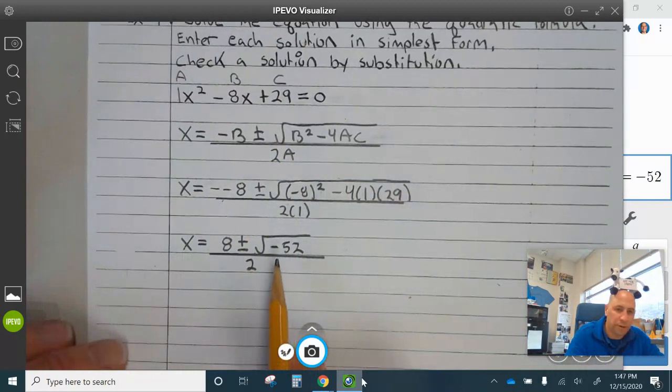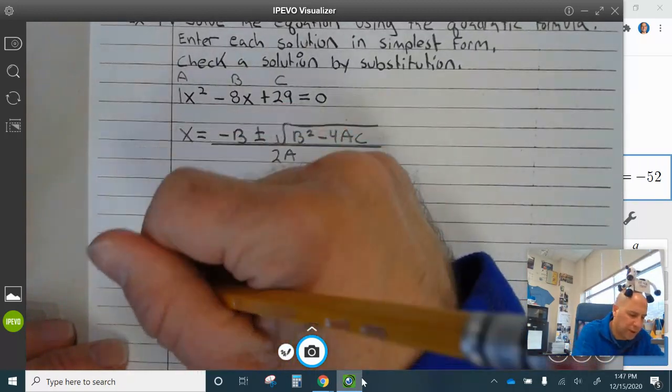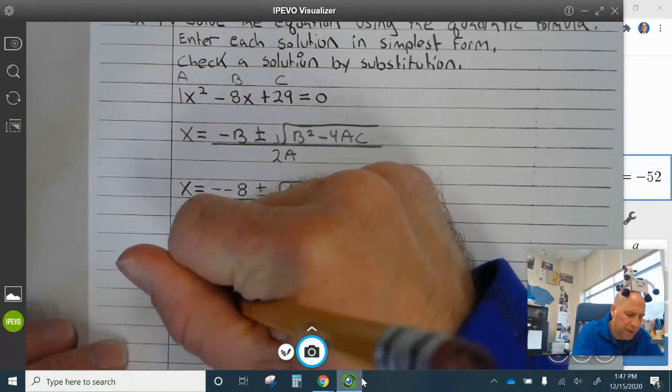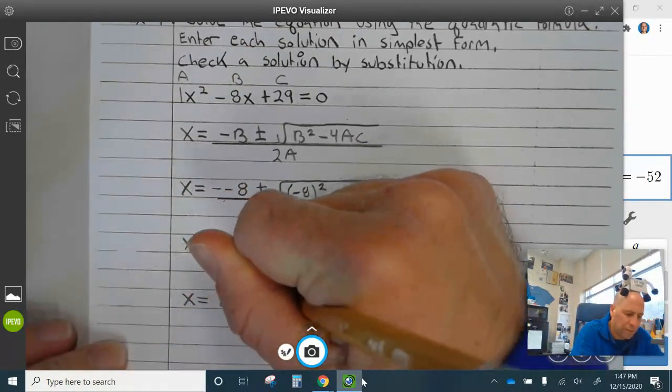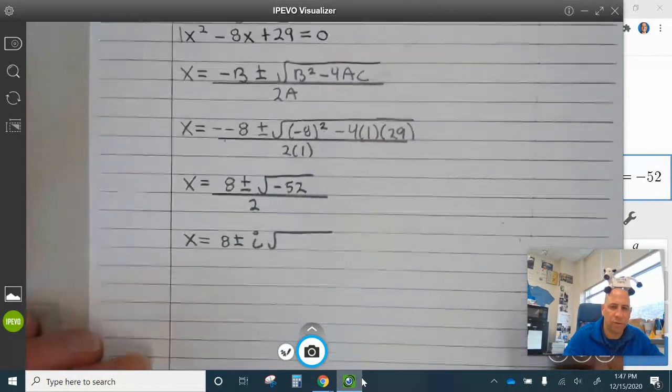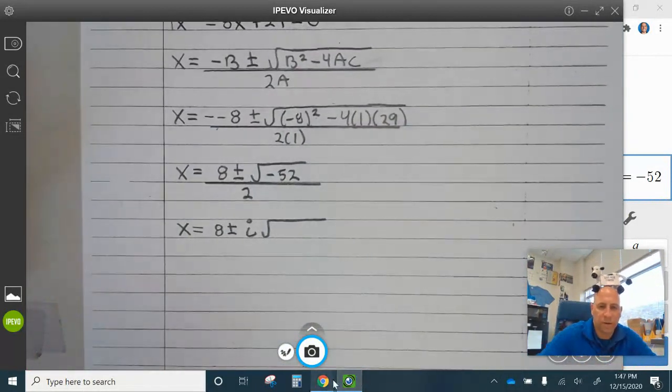Now we know because it's a negative number, it's going to be i. So x equals 8 plus or minus i square root. But we need to see if we can write 52 as a product of squares.